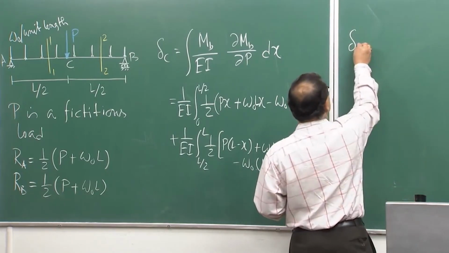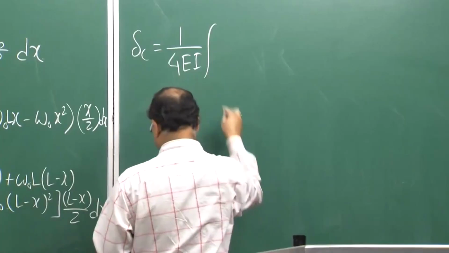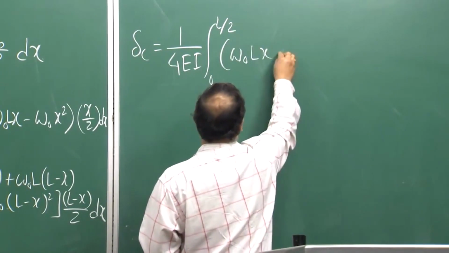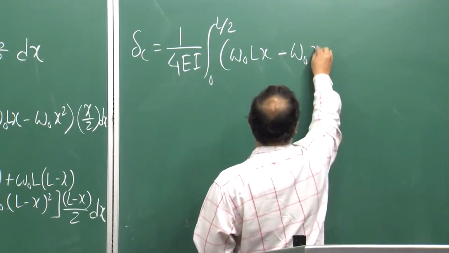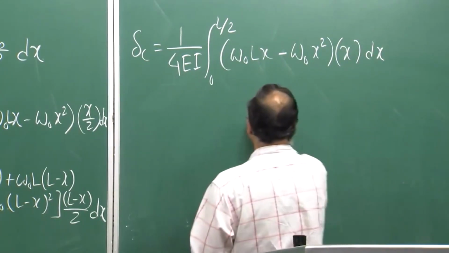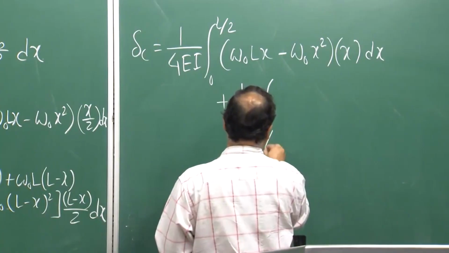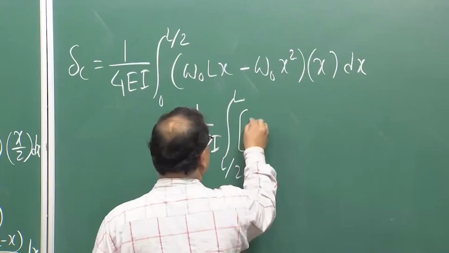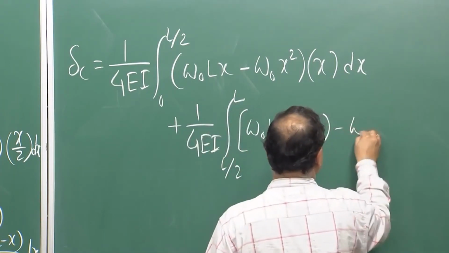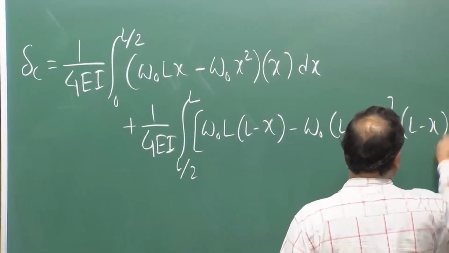So, if I make P equal to 0, then the expression will be 1 by 4 EI, integral 0 to L by 2, W naught Lx minus W naught x square into x dx, plus 1 by 4 EI, integration L by 2 to L, W naught L into (L minus x) minus W naught (L minus x) whole square into (L minus x) dx.